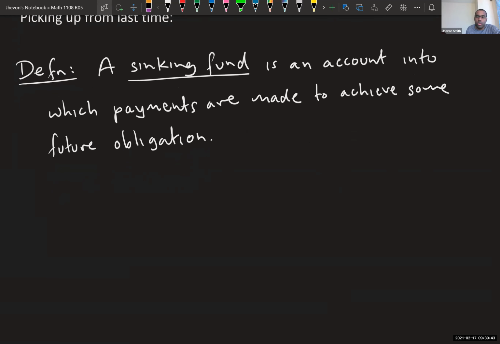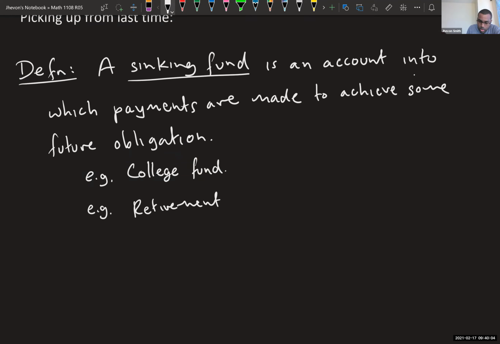And we usually use this in contexts where you kind of know what you're saving up to. So maybe an example would be a college fund can be thought of as a sinking fund, or depending on how specific you want to get, maybe a retirement account can work here as well. But that one would be with an asterisk, I would say. It's not always thought of as a sinking fund.